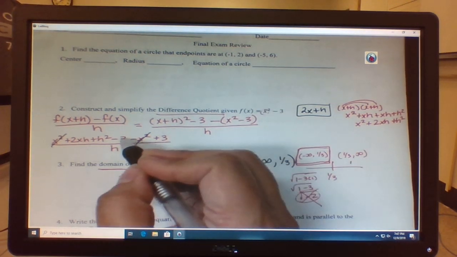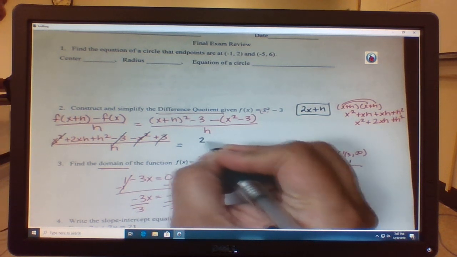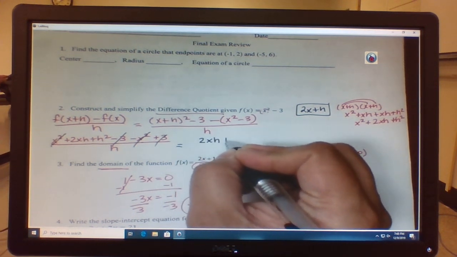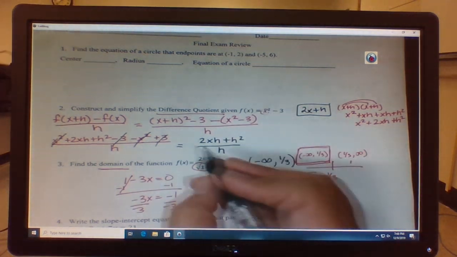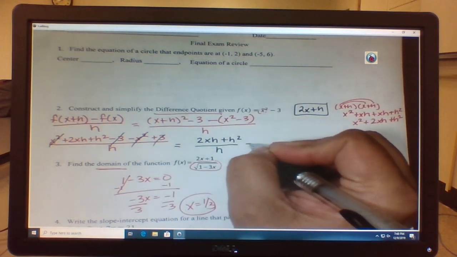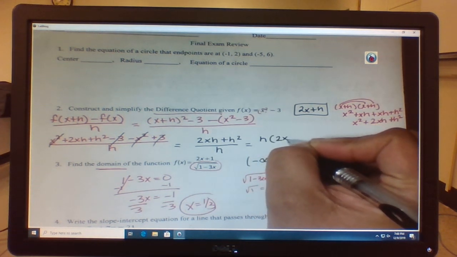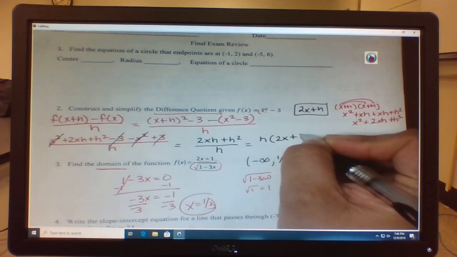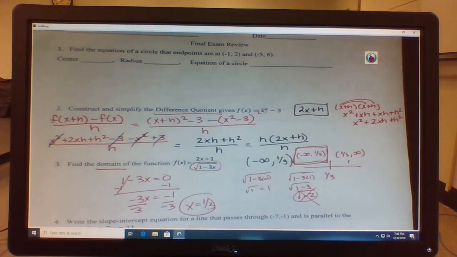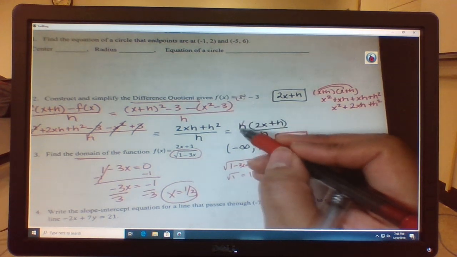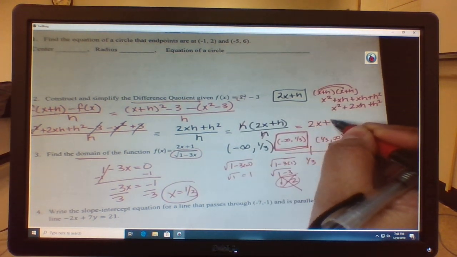Negative 3, positive 3, eliminates. So right now, what I have left over is 2xh plus h squared over h. But what did the top 2 have in common? h. So if I factor out an h, I have 2x plus h over h. And what happens to your h's? Cancel. So my final answer is 2x plus h.